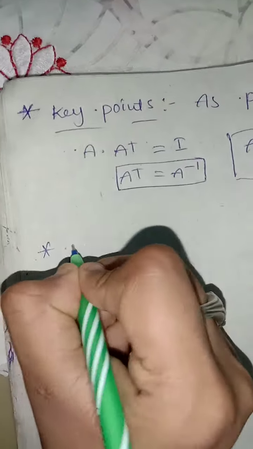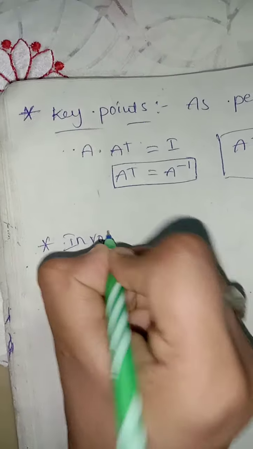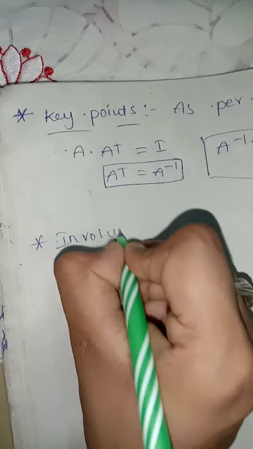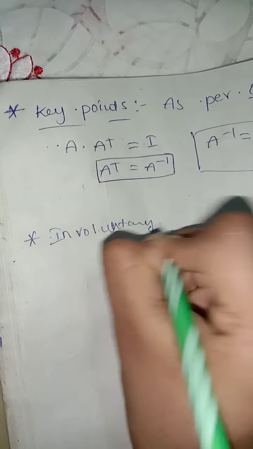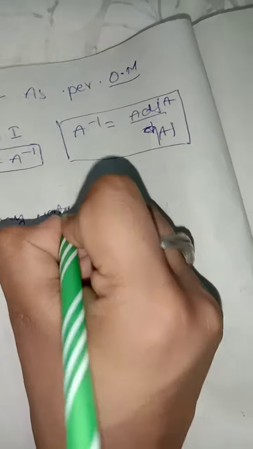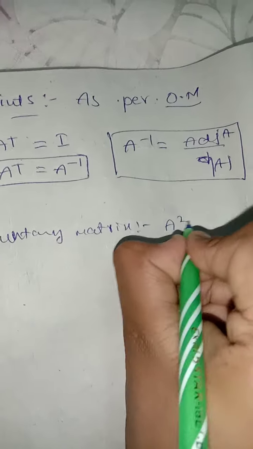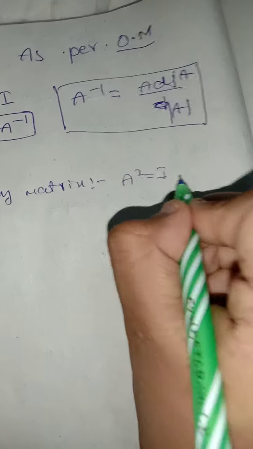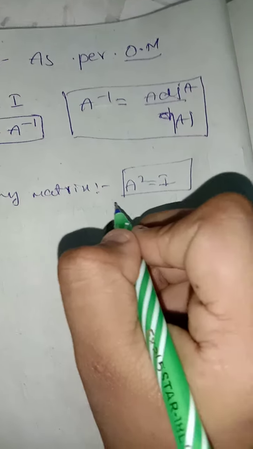Okay, then the involutory matrix. What is an involutory matrix? If A square equals I, it is known as an involutory matrix.